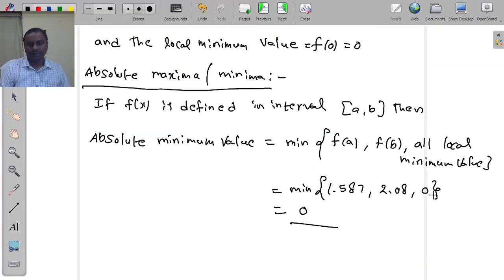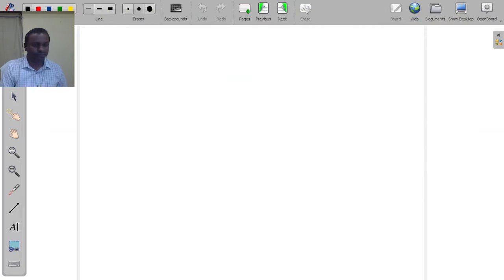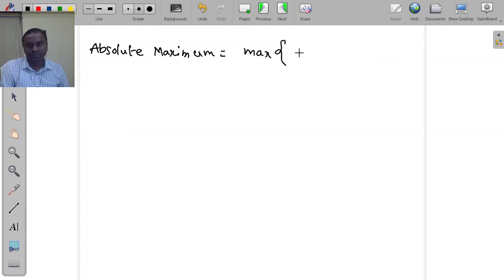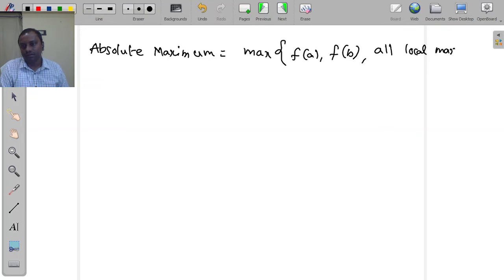Now similarly, what is the absolute maximum? Absolute maximum is equal to the maximum of f of a, f of b, and all local maximum values.